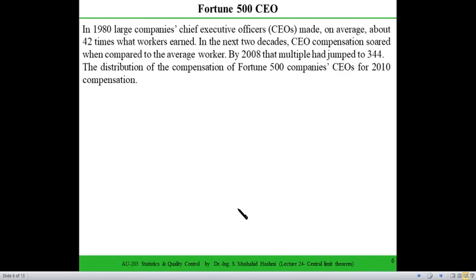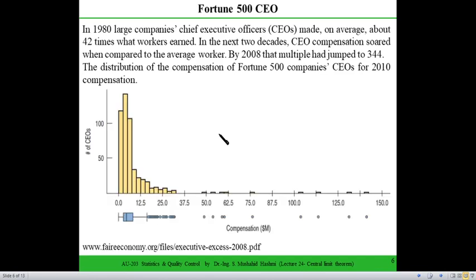The distribution of the compensation of Fortune 500 company CEOs for 2010 is plotted in this diagram. These are the number of CEOs, and this is the millions of dollars of annual compensation from the CEO.